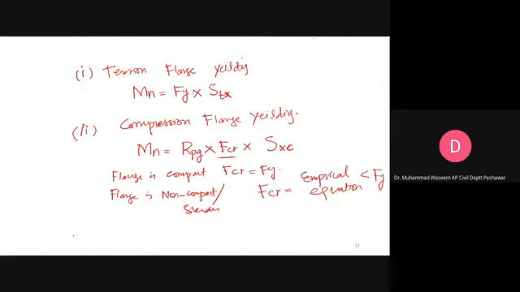And the third limit state was LTB. Again, the same formulation, this one, but this was a problem, okay?